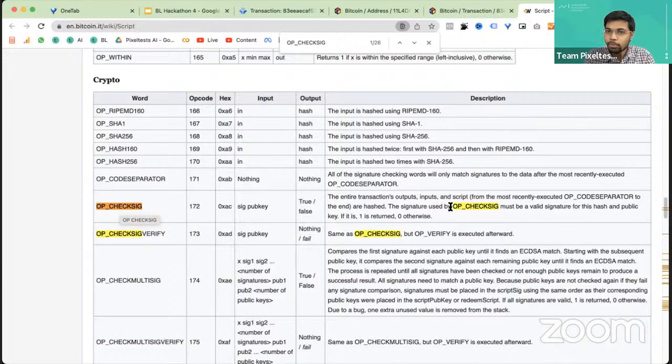The signature used by OP_CHECKSIG must be a valid signature for this hash and public key. So whatever public key is being sent and the hash of that has to match, and it is going to check the signature for that particular public key, right?